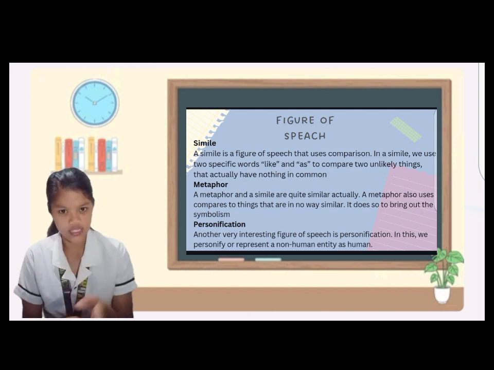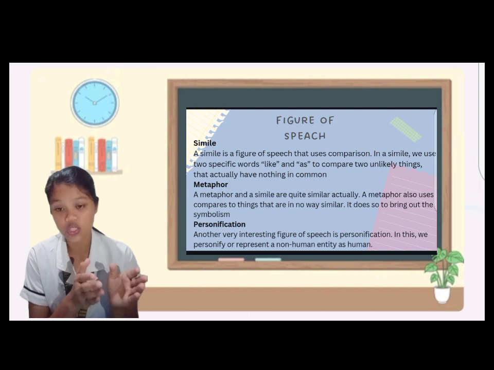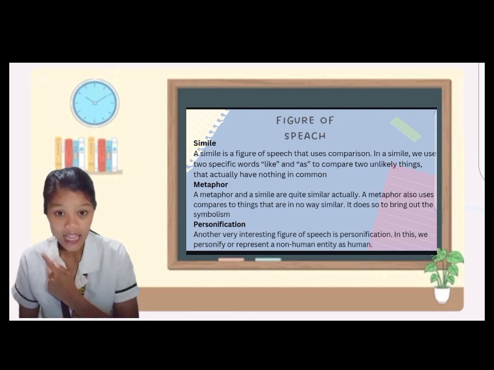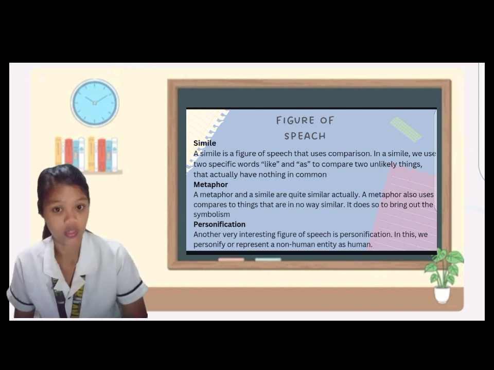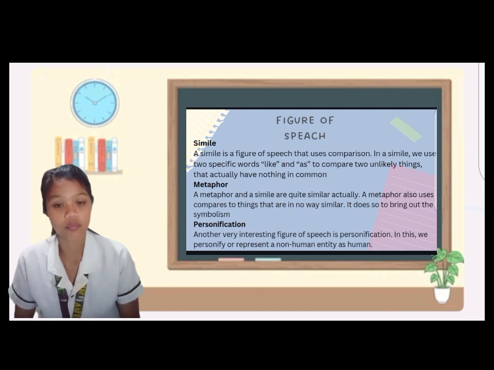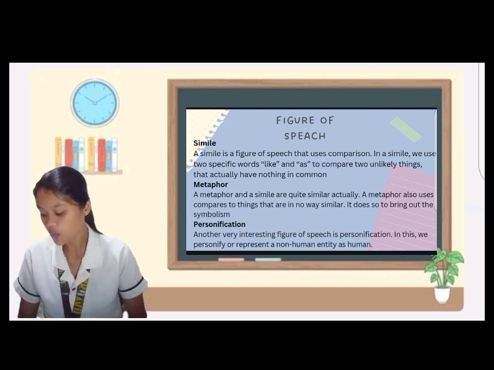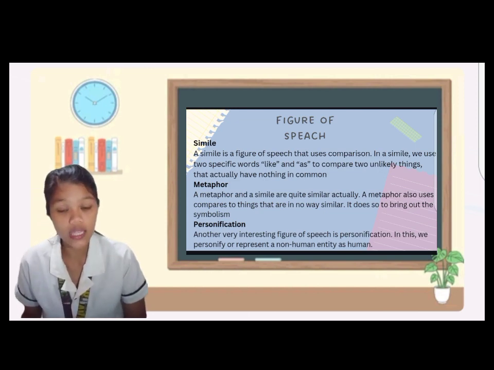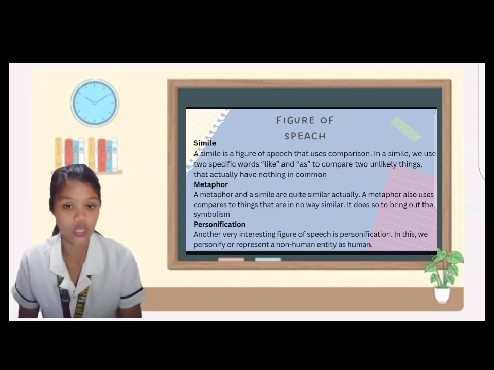The wind blowed as the storm grows stronger. So what is the personification here? The blow, because the wind never blows. Okay, humans are the ones who blow like that. So the wind is a non-human entity, but the blow is human.